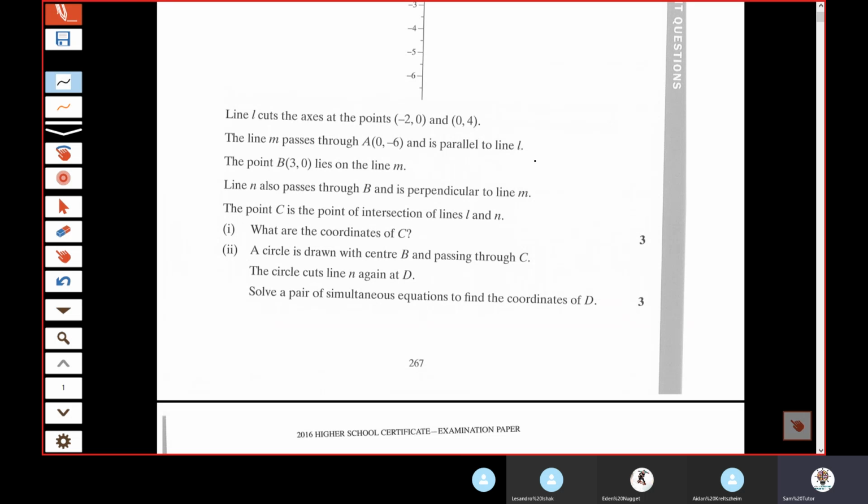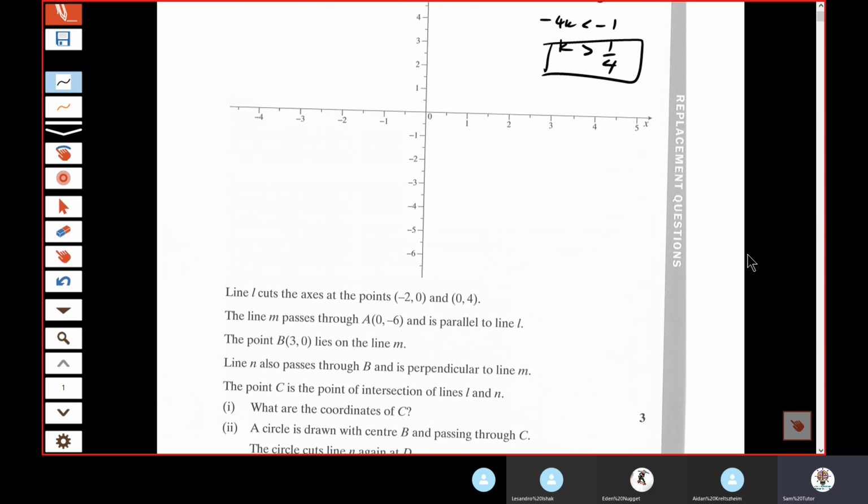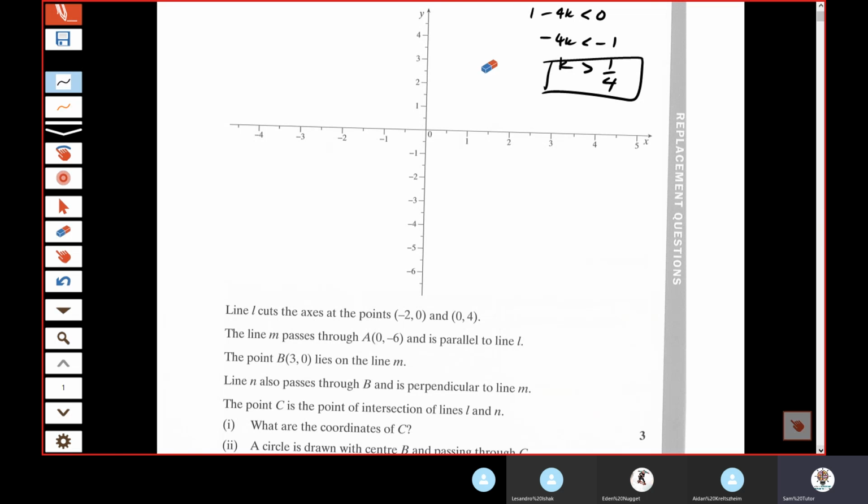Oh, there's a lot of things happening. One step back. Let me go up as well and start writing this down. Line L cuts the axes at -2, 0 and 0, 4.